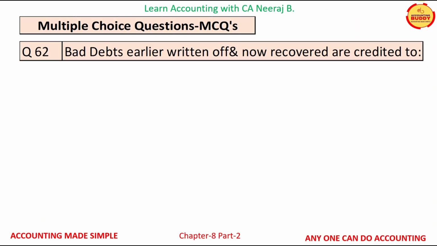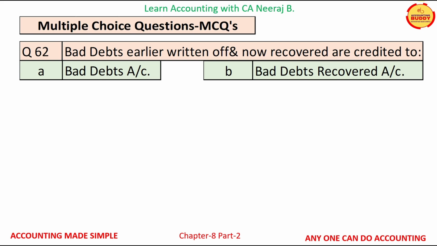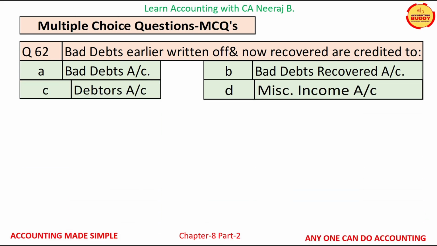Question number 62 is, bad debts earlier written off and now recovered are credited to. The available options are option A, bad debts account, option B, bad debts recovered account, option C, debtors account, and option D, miscellaneous income account. And the correct answer is option B, bad debts recovered account.